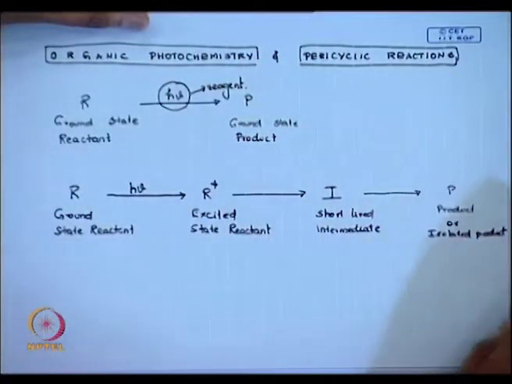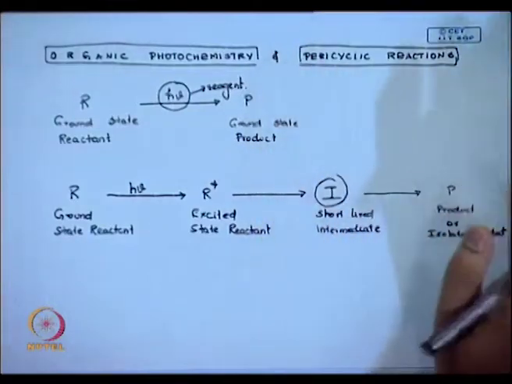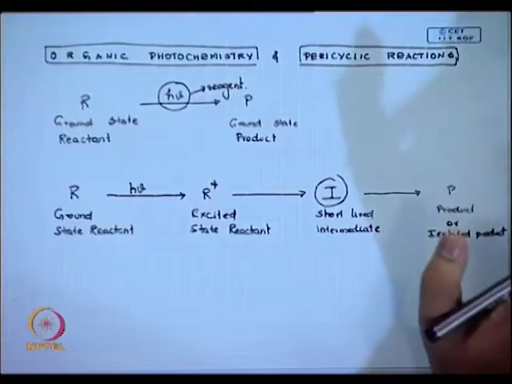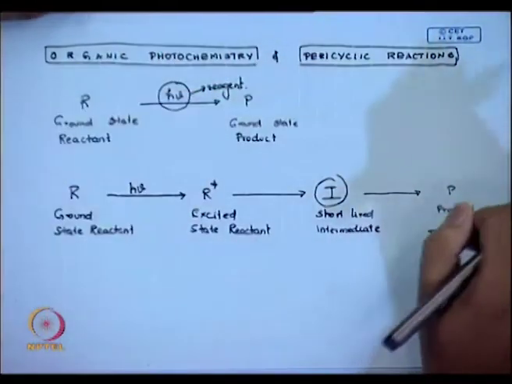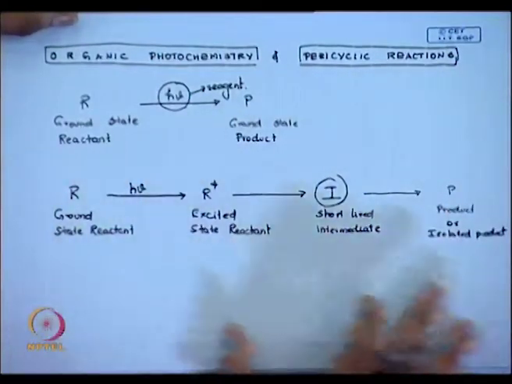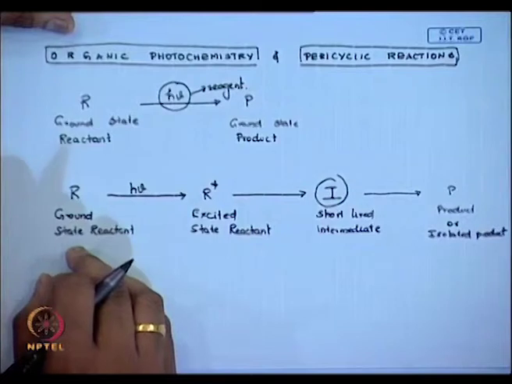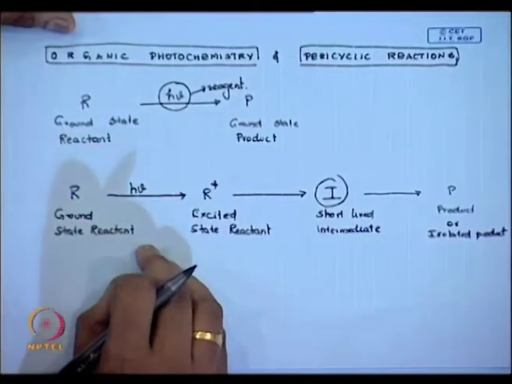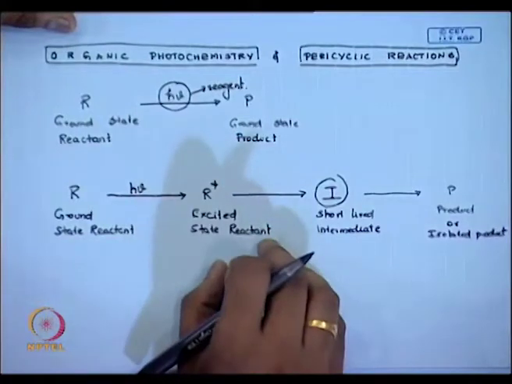The point is that I also is a ground state species, a ground state product, but I is highly reactive, so it immediately gets transformed to your P. So, this is the broader outlook of your organic photochemistry. If you review back, you have a ground state reactant which interacts with light and gets excited to its excited state, which you call R star.